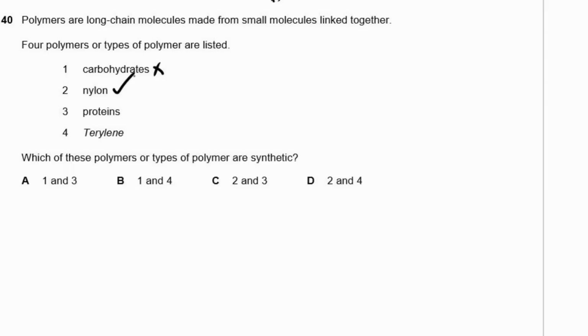Nylon, that's a man-made chemical. Proteins, nope, they're natural, they're in foods like meats and fish and things like that, and beans. And polythene, that's another man-made molecule. Okay, so the synthetic ones are 2 and 4. The answer is D. All right, and that is the last question on this exam.